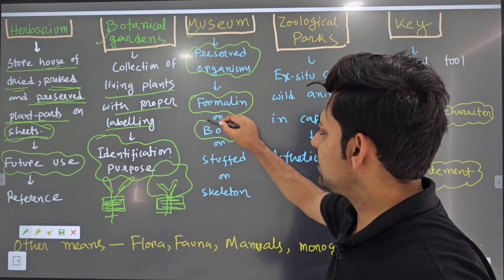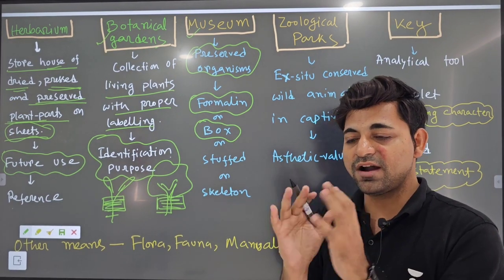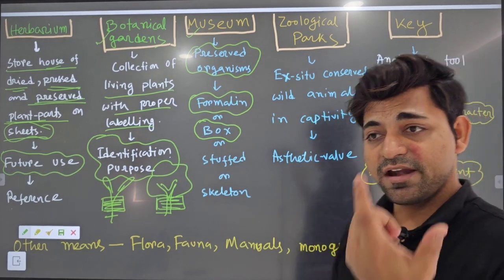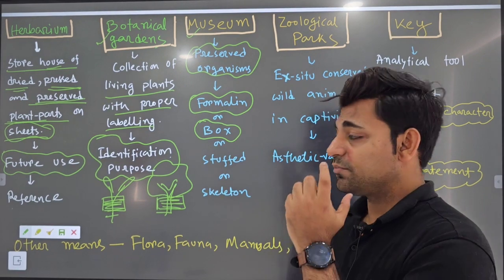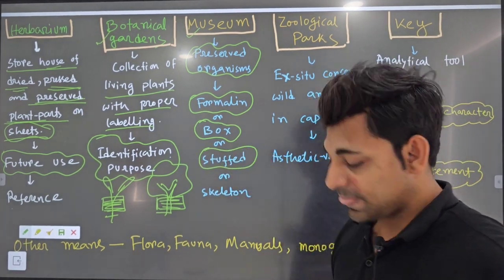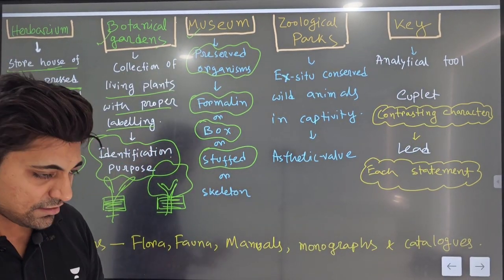For insects, insect boxes are prepared because the outer body part of insects has an armor called chitinous exoskeleton. Their internal body parts will decay, but not the external body part, so you can preserve the insect in insect boxes. Now there can be stuffed animals also. What are stuffed animals?